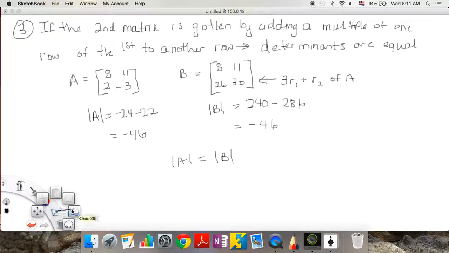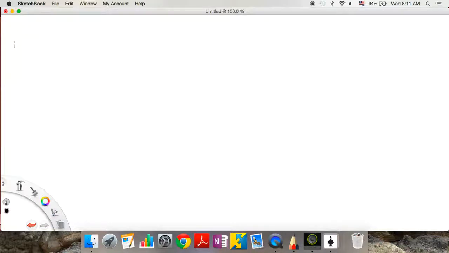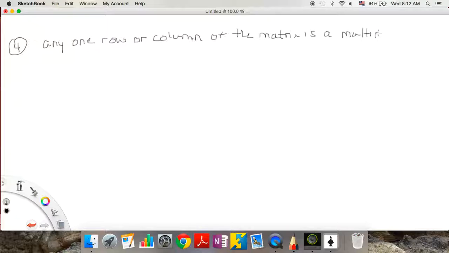Now the fourth property that you need to know is that if any one row or column of the matrix is a multiple of the other row, then the determinant is equal to 0.